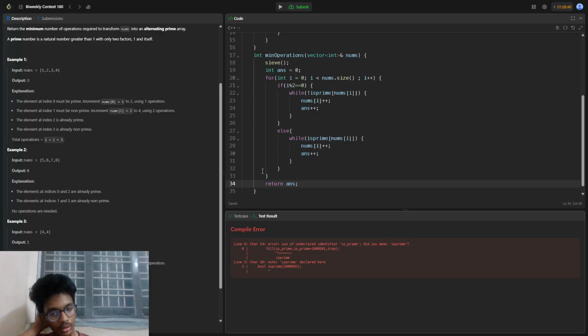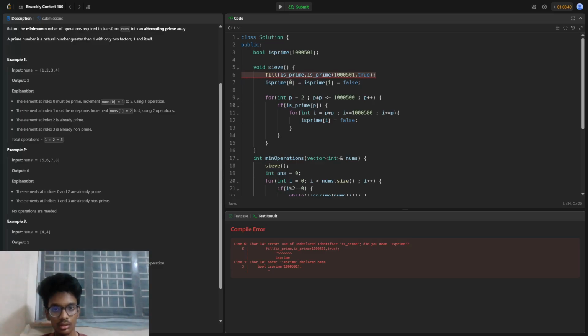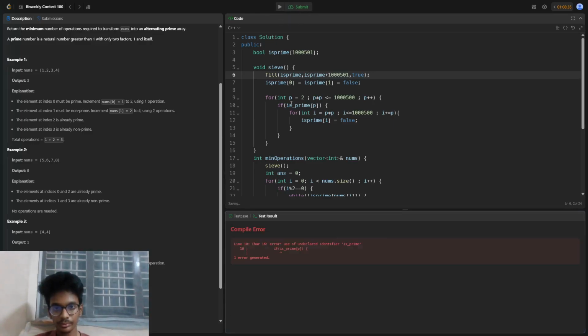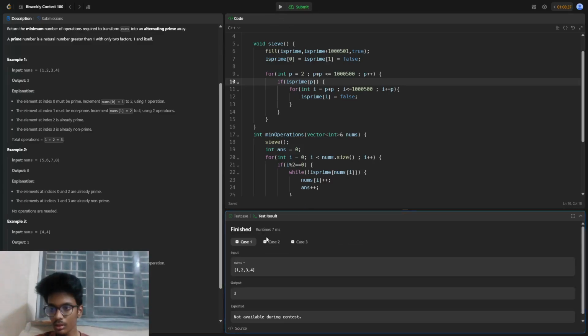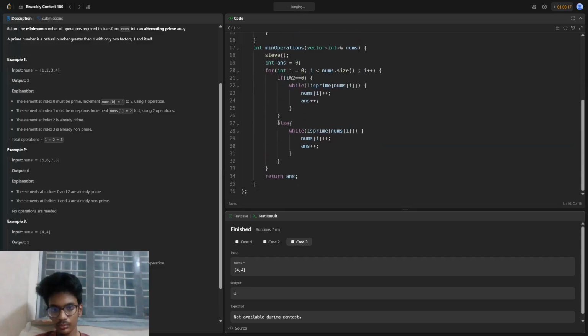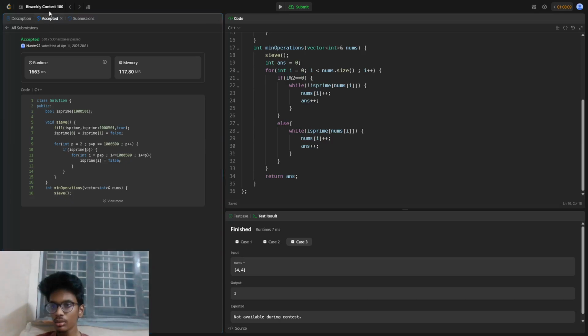Is prime declared. Why did I add an underscore here? Done. Today most of the questions are implementation questions. I hope this passes. Done.